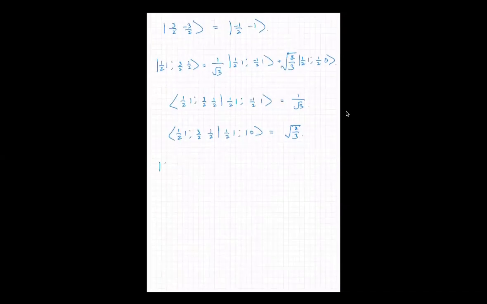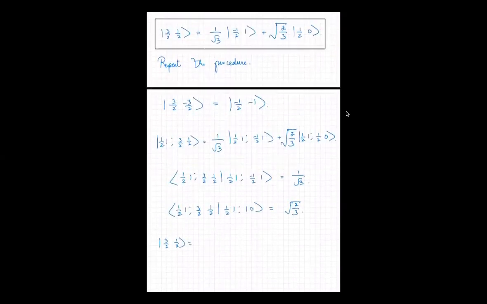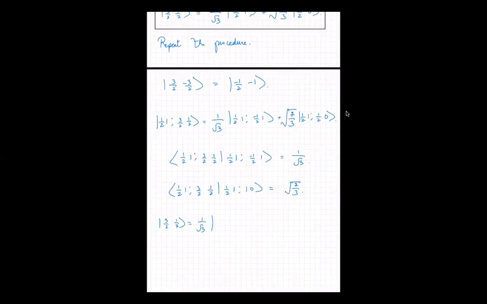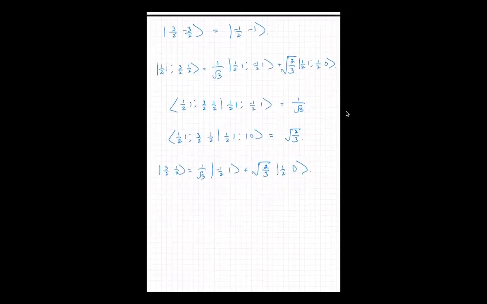So for example, my 3/2, 1/2 state we figured out was 1 over root 3, minus 1/2, 1 plus square root of 2 over 3, 1/2, 0, right? Now my 1/2, 1/2 state, this Jm state, should also be a linear combination of these two states, but it has to be orthogonal to this one.